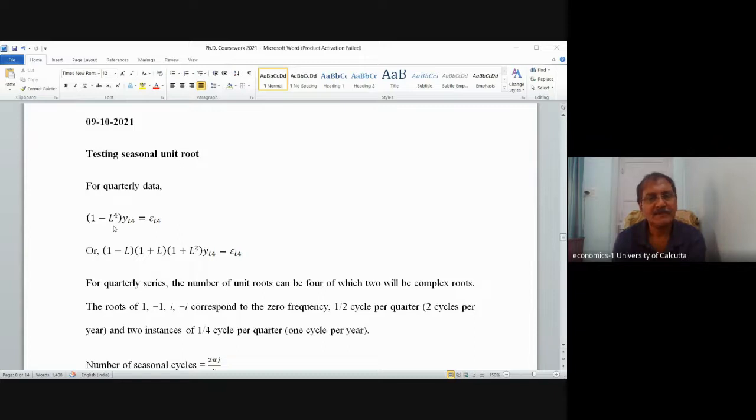So you can factorize this. You can write in the next step 1 minus L into 1 plus L into 1 plus L square into yt4 is equal to epsilon t4.